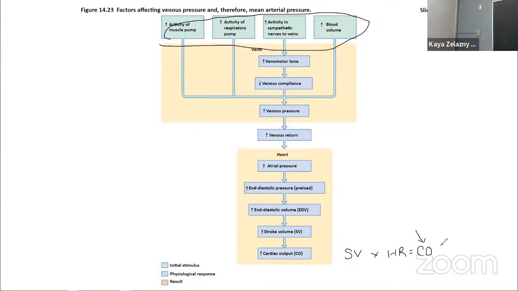But before we were talking about the effects of the sympathetic nerves on the heart itself. So here we're just talking about the fact that, oh, hey, they're also doing things to the veins that increases the cardiac output, right? So this is running parallel to those effects we saw on the heart muscle itself.